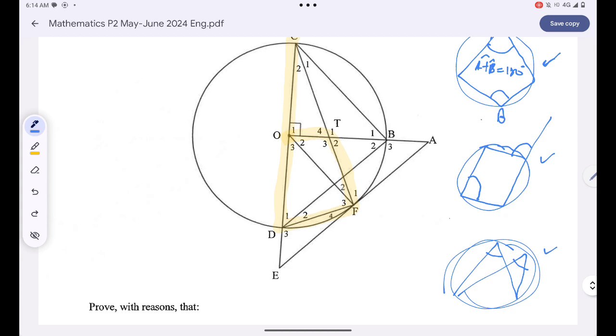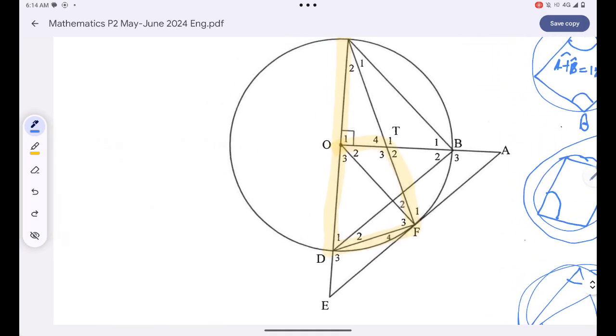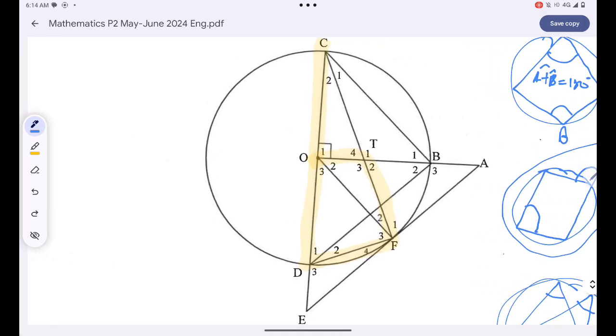Are you together? But in this case, I already have angle O1, which is an exterior angle of shape TODF. That means I'm going to show that the exterior angle is equal to the interior opposite angle. Okay. I already know that angle O1 is equal to 90 degrees, because I was given that CE is perpendicular to OA.